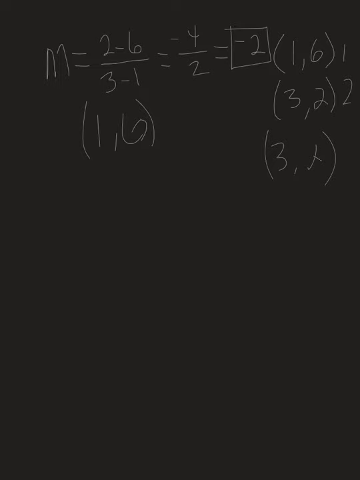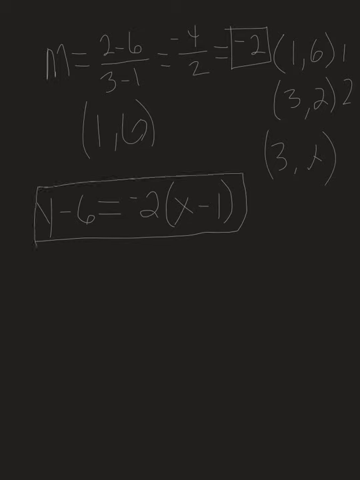We're going to subtract our y value, which is 6, from y, and we're going to make that equal to our slope, -2, multiplied by x minus our x value, which in our case was 1. So this is our equation in point slope form if you picked 1, 6 as your point.